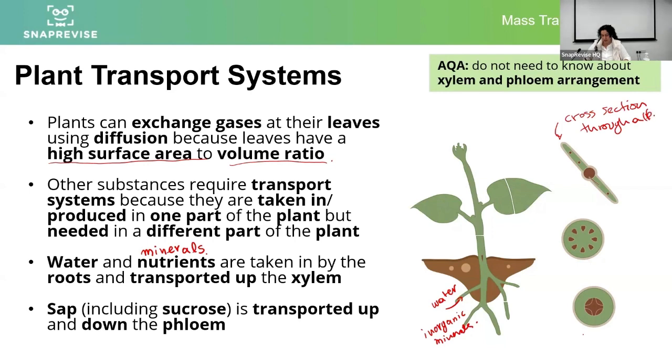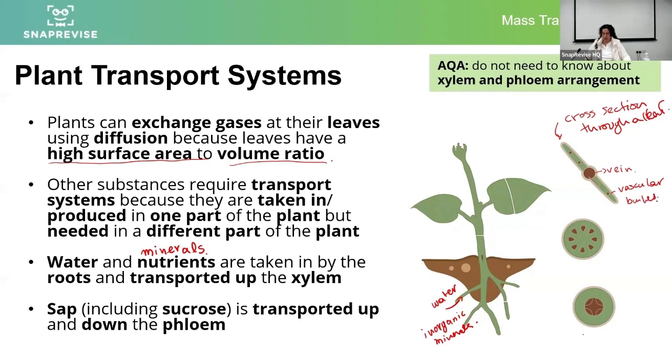It basically shows that we have this central portion here, which is the central vein or midrib of the leaf. And those little dots here are the vascular bundles in the leaf, basically little bundles of xylem and phloem.